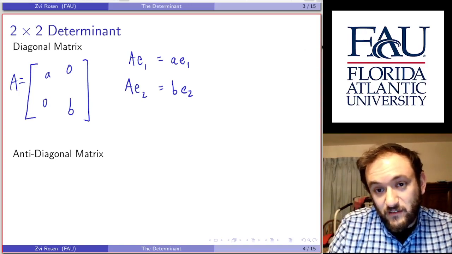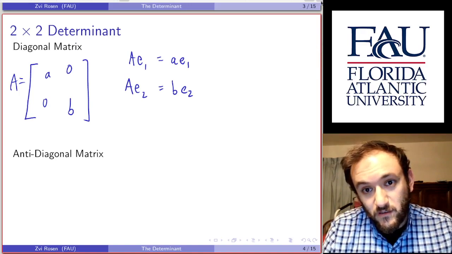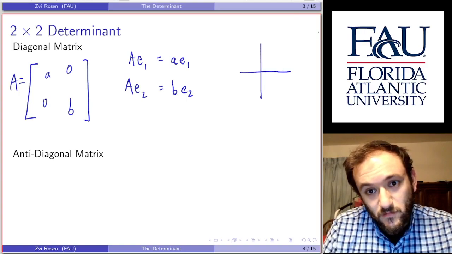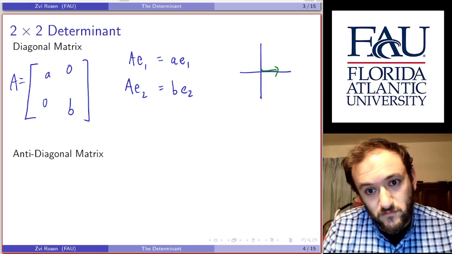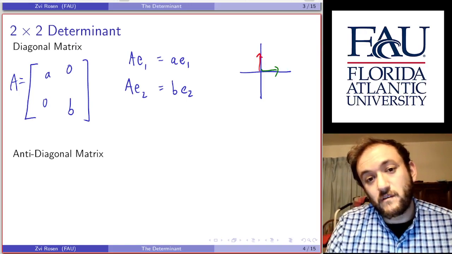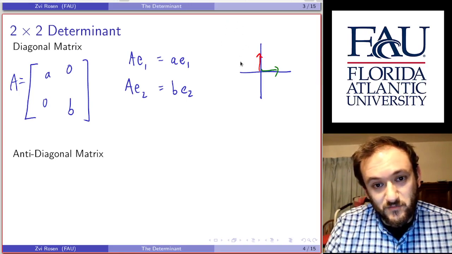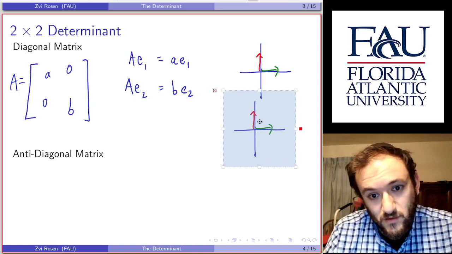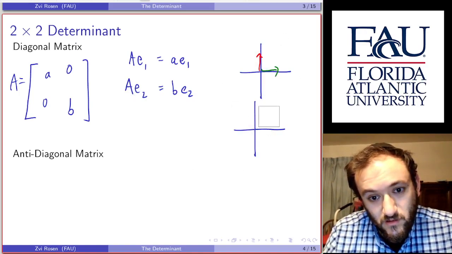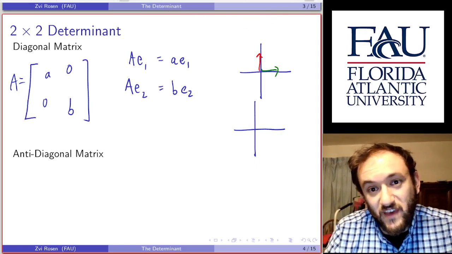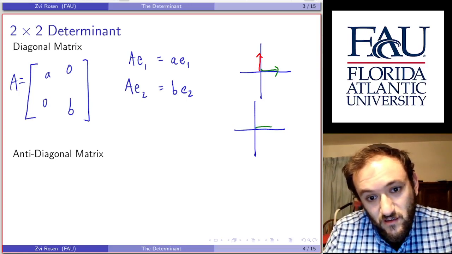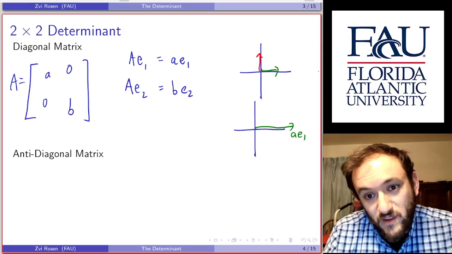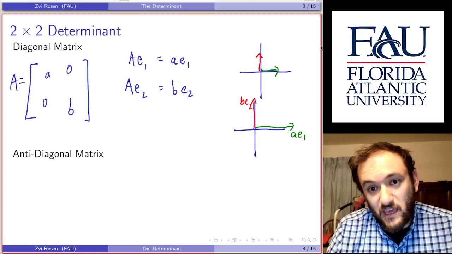And as we saw in the example I drew earlier, if we have a unit vector here and a unit vector here, then we end up stretching the green arrow by a factor of a, so this is now AE1, and we stretch the red arrow by a factor of b, it's BE2, and the resulting area is AB times the original area.